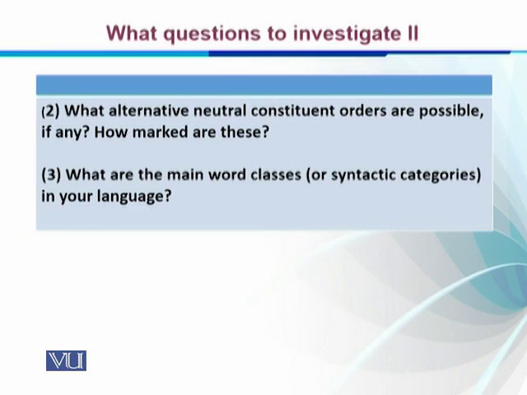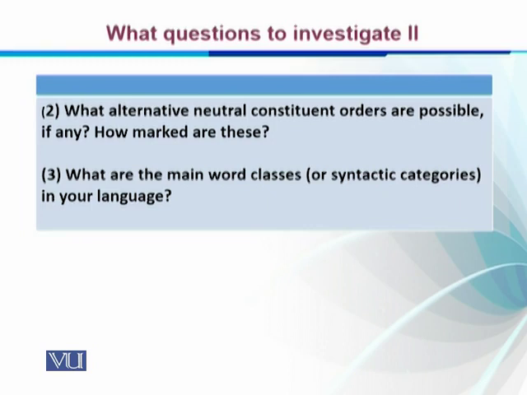So what are the main word classes, the syntactic categories, in the language that you are working on? Generally we believe that there are noun, verb, adjective, adverb, etc., but they are arranged differently in different languages. For example, if we take our Urdu, we have ism, fail, harf.